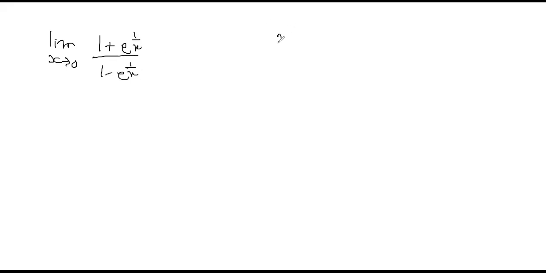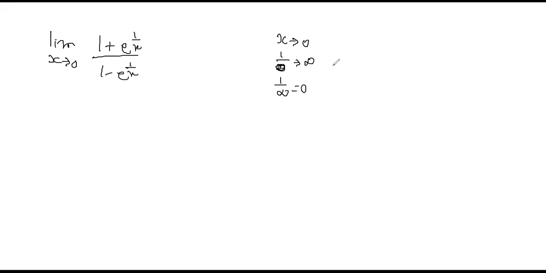If x tends to 0, then 1 by x tends to infinity, and 1 by infinity is equal to 0.